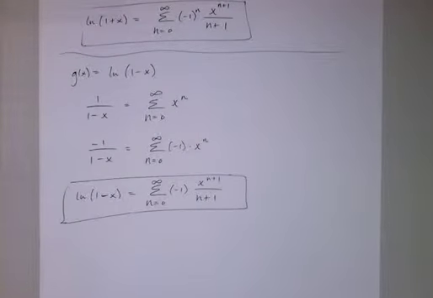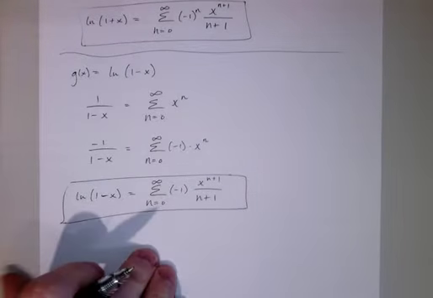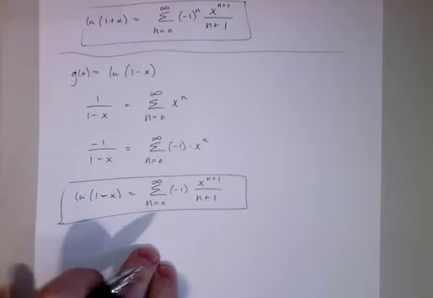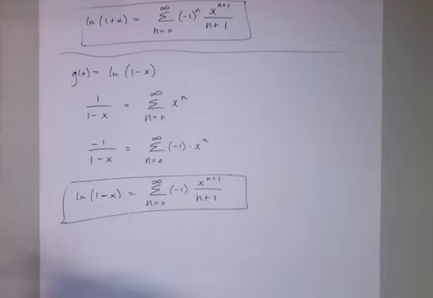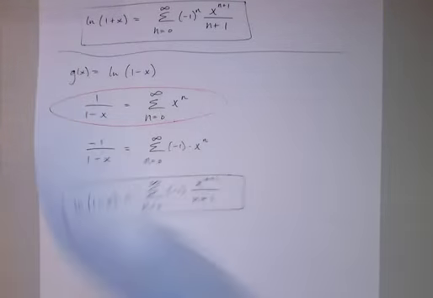Now, obviously you can continue going along this route, starting off with our magical power series and moving on. And we're going to do a couple more like that. But this principle holds for any power series that you know in order to arrive at the power series that you're looking for.